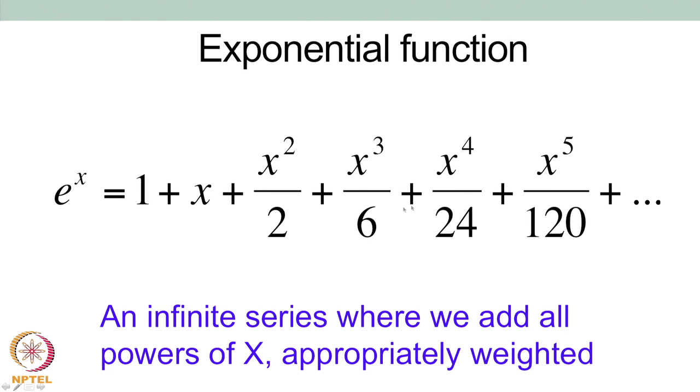It turns out that if we write such an infinite series, one will get e power x. How and why, we will discuss that later, but at the moment it is sufficient to understand that one can write e power x as an infinite series like this.